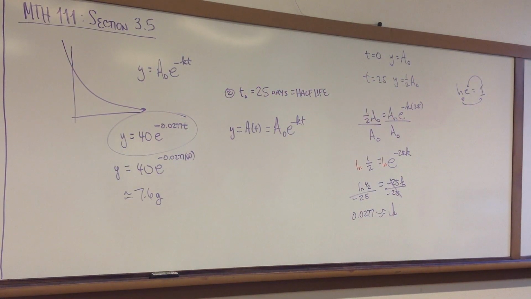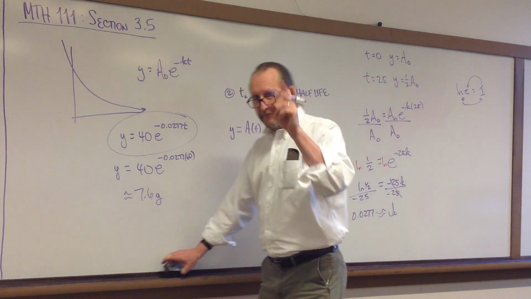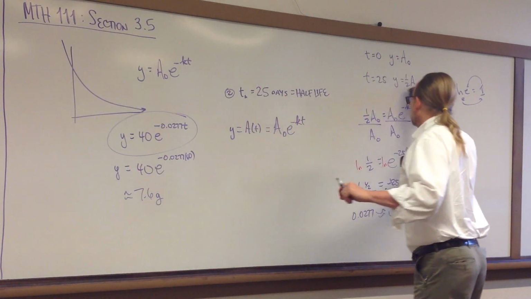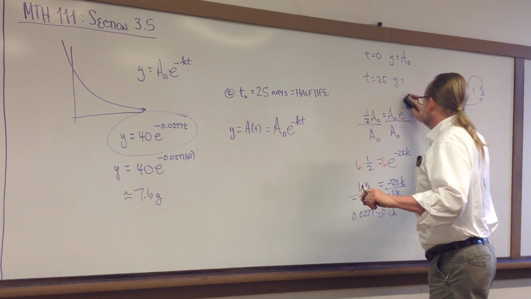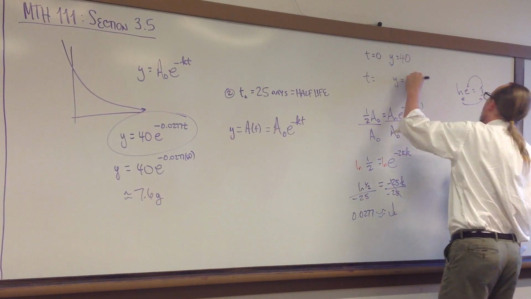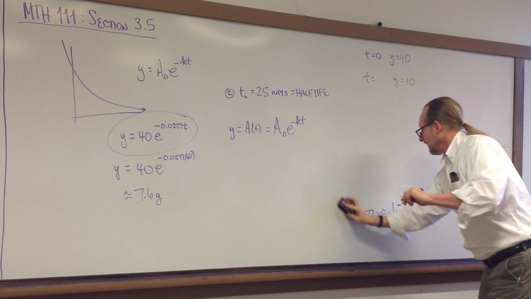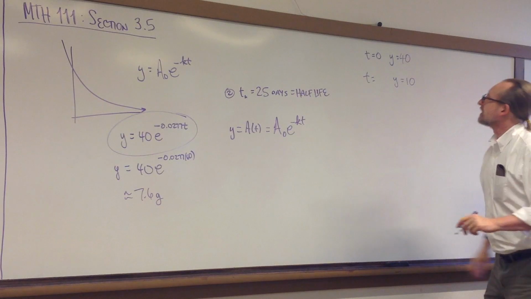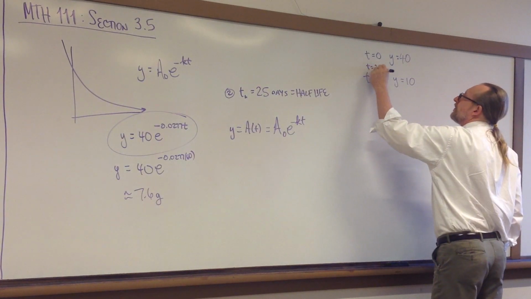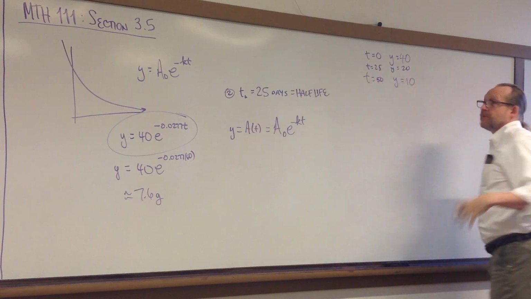And after how long will only 10 grams of the thorium remain? Well, if you paid attention to what I was just talking about, let's set this up. After 2 half-lives, we're going to have 10 grams left, right? Because at t equals 25, we'll have 20, and so at t equals 50, we'll be down to 10.